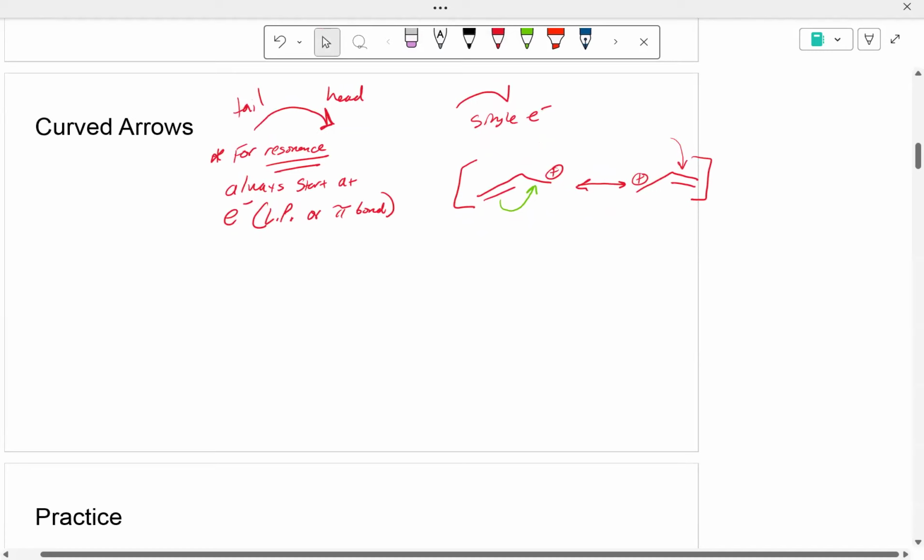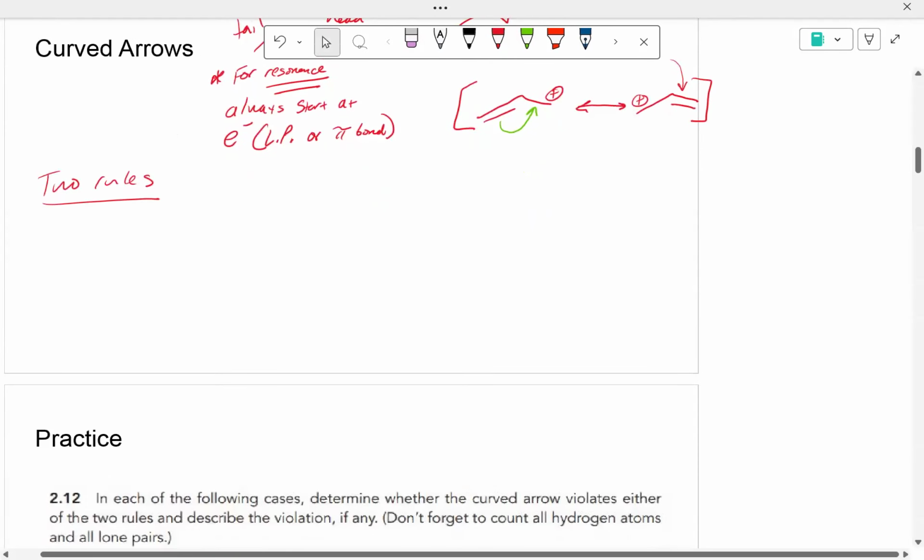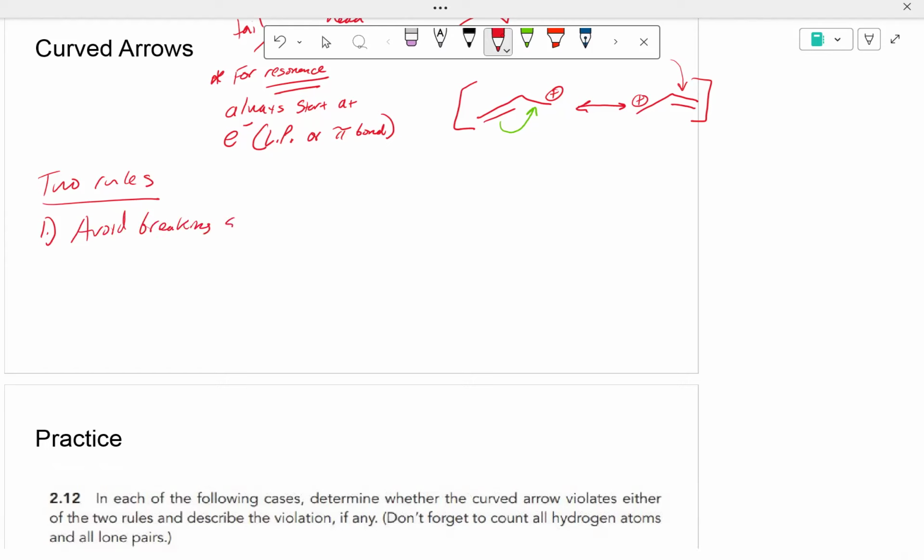So two rules right now about writing proper resonance forms, or I should say using curved arrows. For resonance, again, avoid breaking single bonds. So I'm going to demonstrate a wrong thing here.